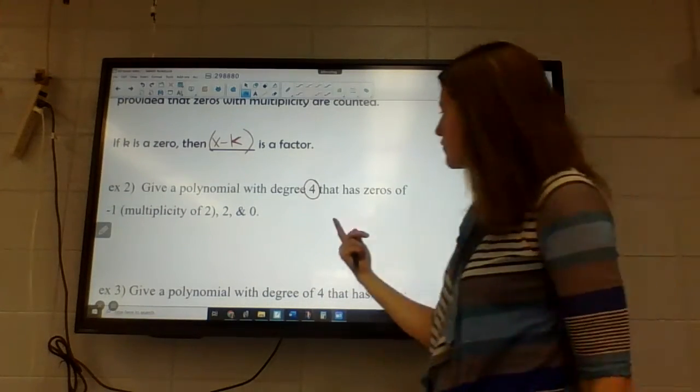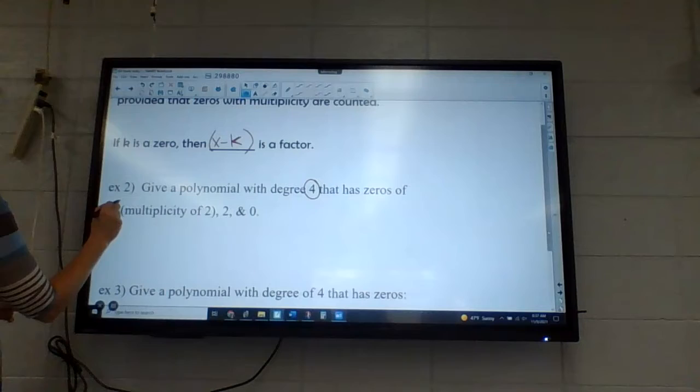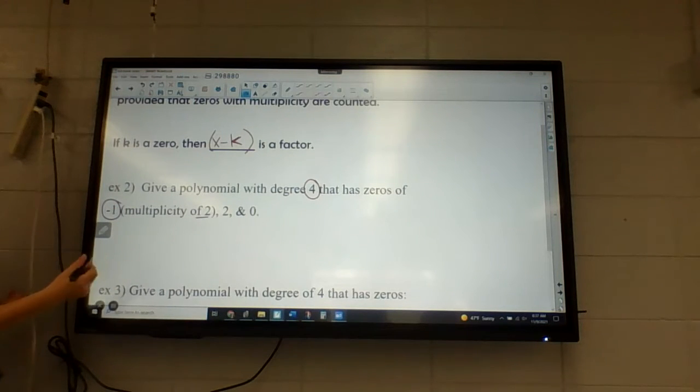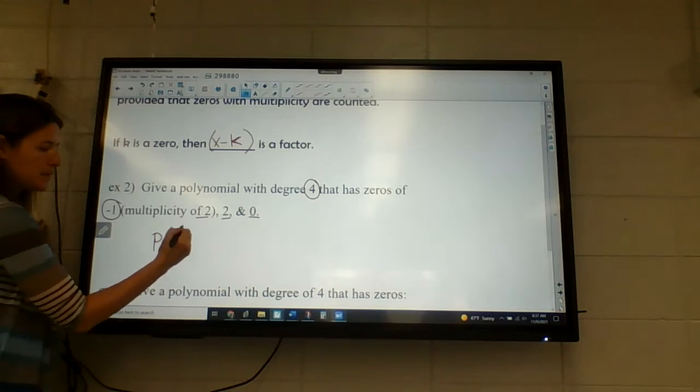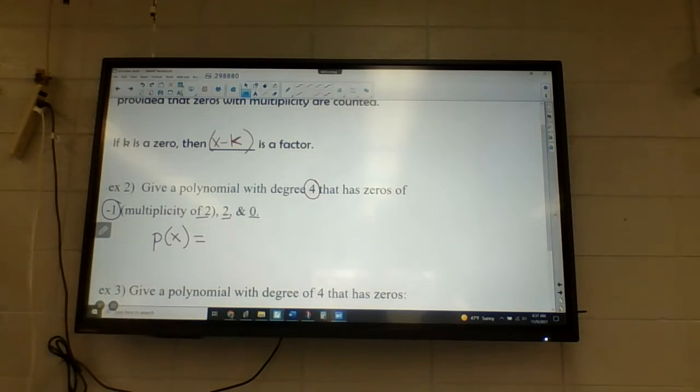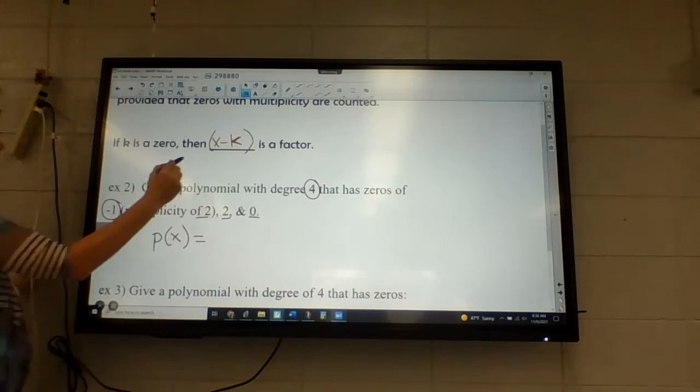It says degree of 4 that has zeros of -1 with a multiplicity of 2, then 2 and 0. So we're going to talk about this polynomial. How can I write that now as an equation or a factor? I'm using this idea here.